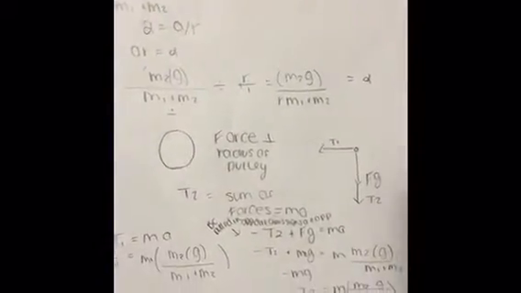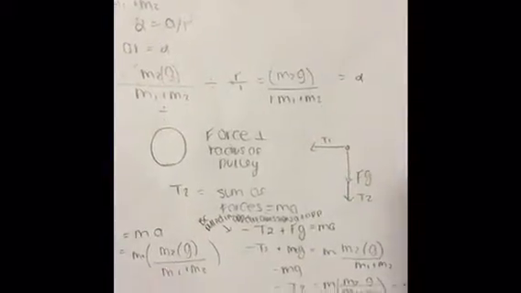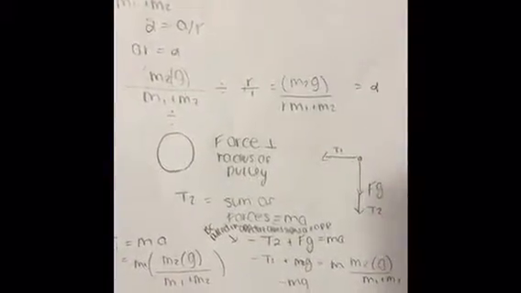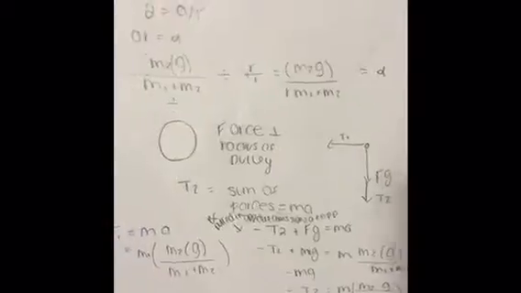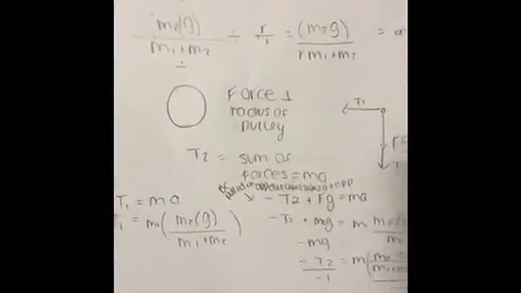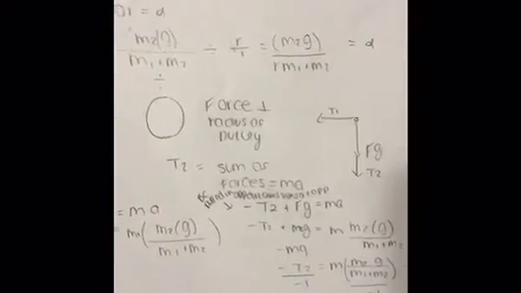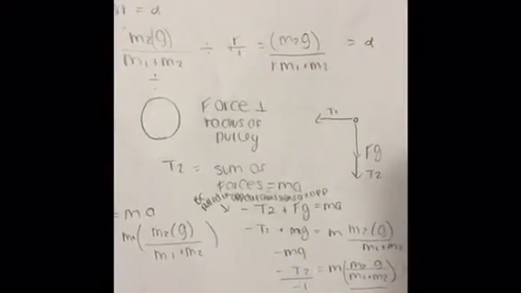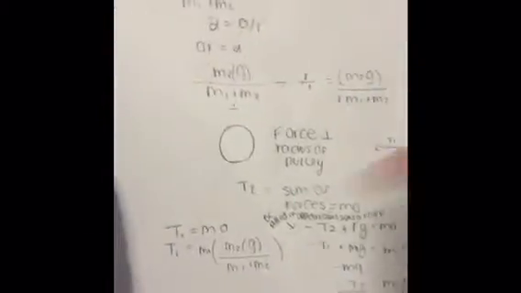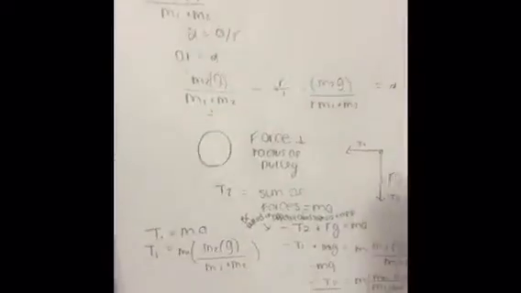And then you're going to want to find the force perpendicular to the radius for the pulley, and that is Fg and T2 because they're pointing downwards.